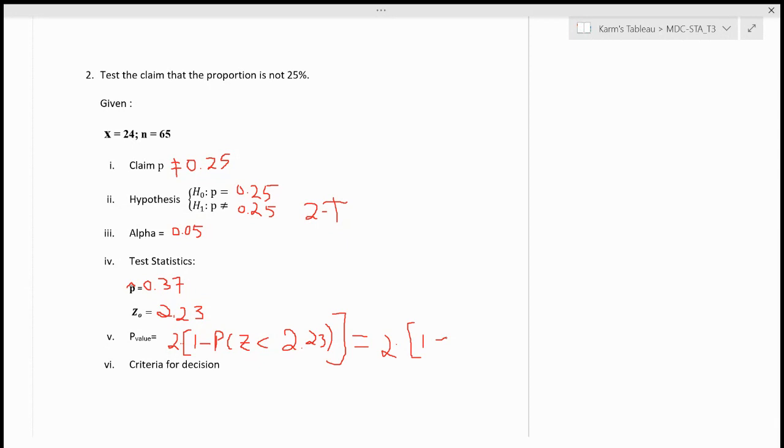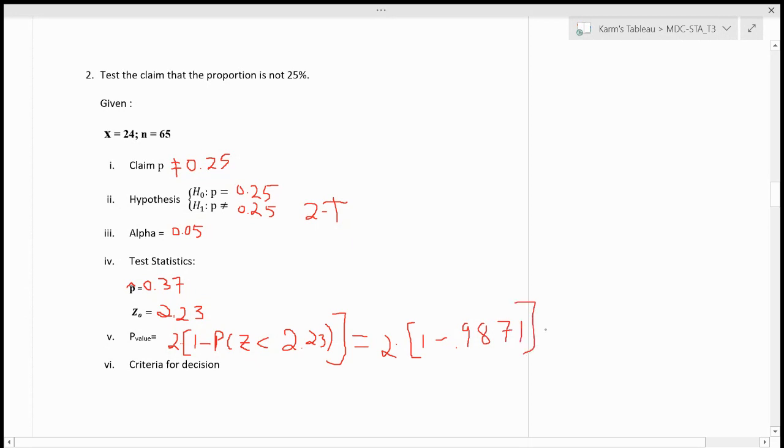We're going to have to look for the row 2.2 and the column ending in 3. Point 9871. 0.9871.